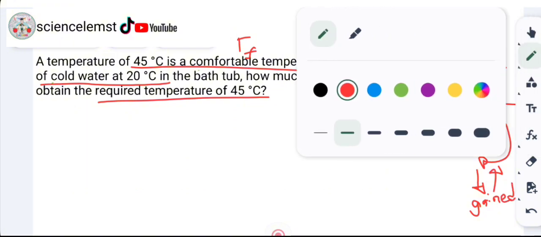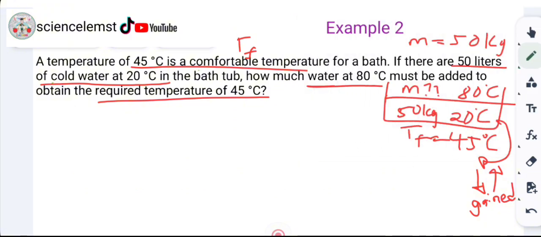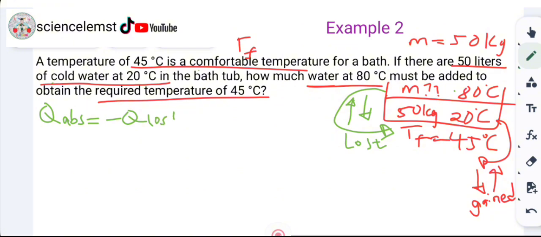Then the 80, we moved from the 80, we went to the 45. What happened? I had a high initial temperature and I went to a low temperature. So it means I lost. You need to be able to identify this. So let's put it into a formula. Our formula says Q absorbed is equals to negative Q lost.